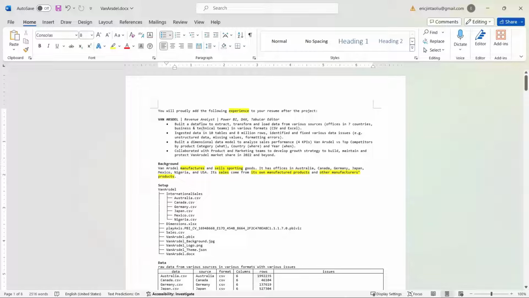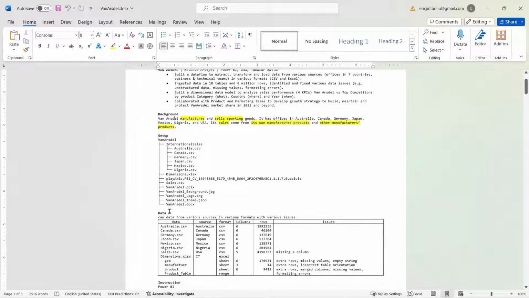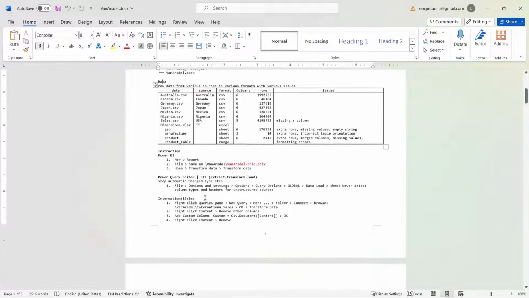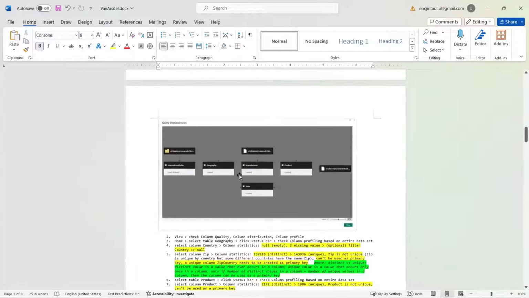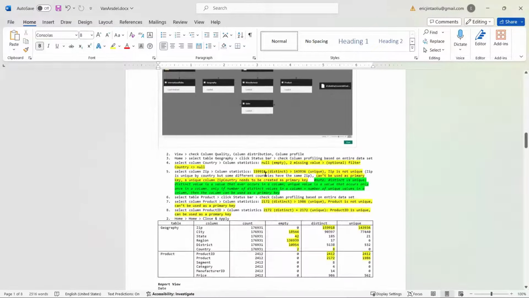So in this example, we simulate the work environment, we simulate the role. You pretend you work as a revenue analyst for Asda, and you answer questions, solve problems. So this is the background. If you recall, this is the data and the instruction for you to complete the project, and this is the data flow.